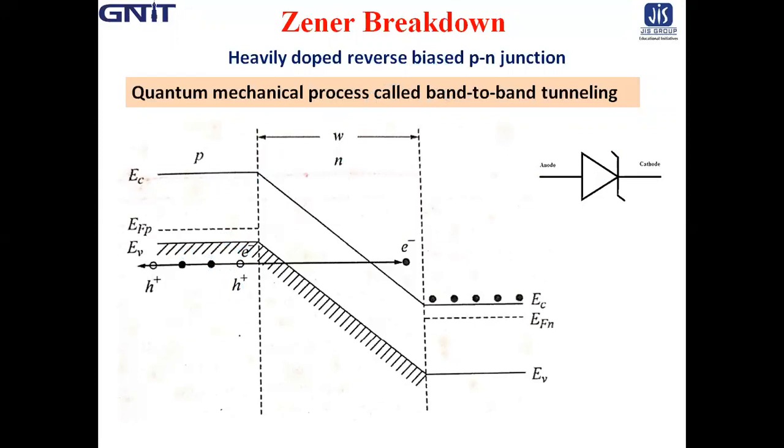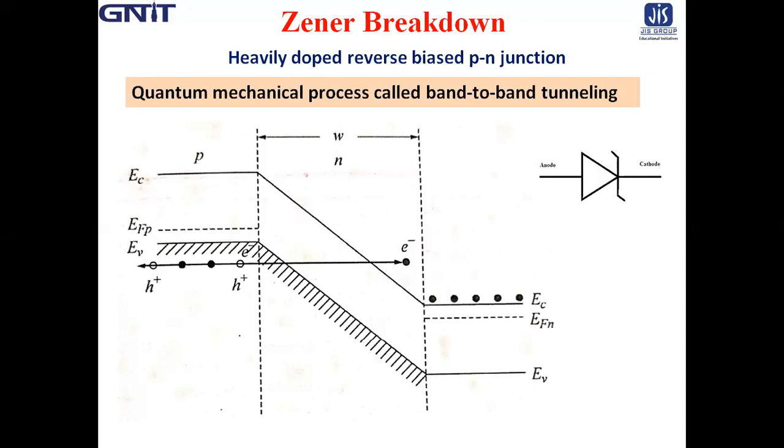See, this is the tunneling phenomenon which is shown here. So the tunneling of electrons from the filled valence band of p-type material to the empty conduction band of n-type material gives rise to a reverse current from N to P.